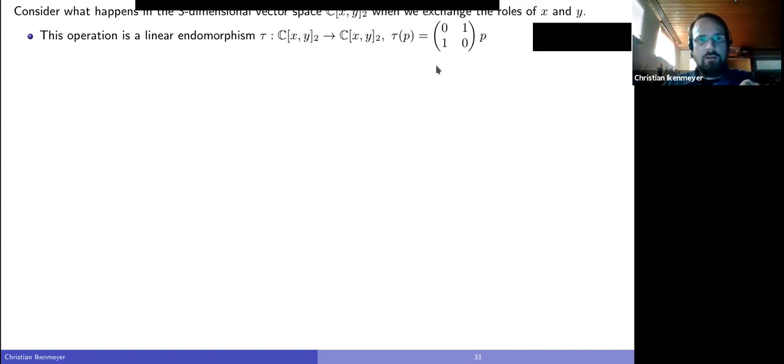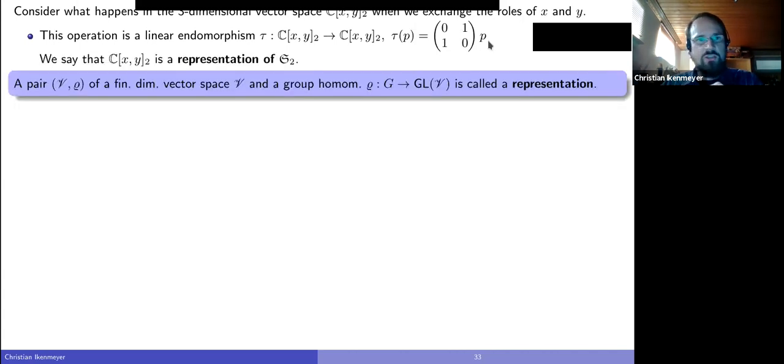This is a linear endomorphism, so the three-dimensional vector space maps to itself. We already introduced the notation for this: you apply the transposition matrix to your polynomial. It's literally just exchanging the roles of x and y. So we say this three-dimensional vector space is a representation of S2.